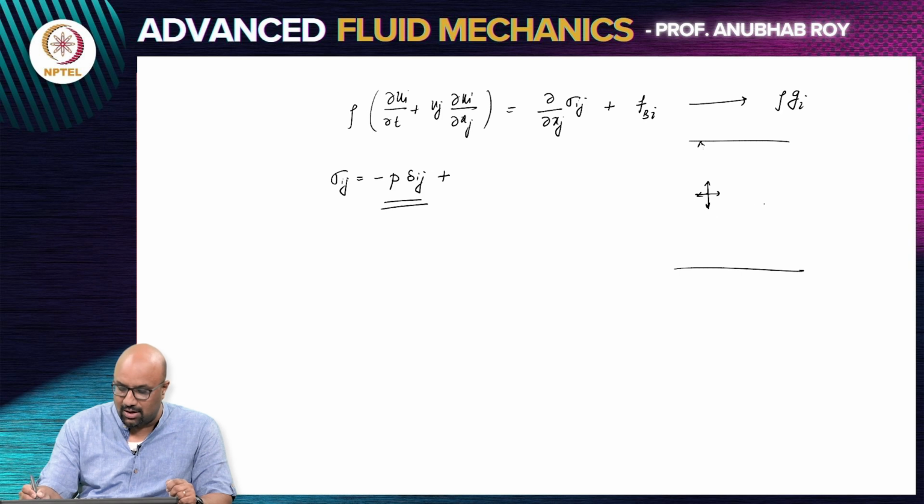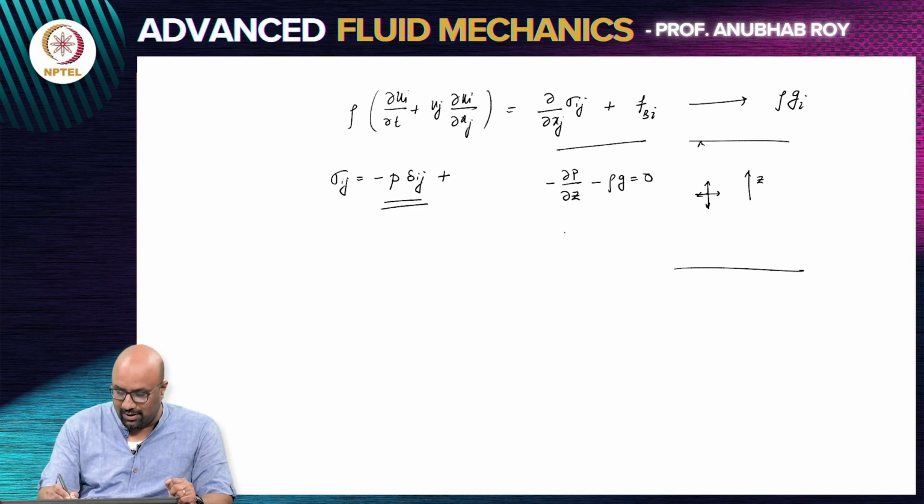So, in a hydrostatic configuration, the balance would be between the pressure forces and the body force. If I define this as my z direction, I would have an equation which would be minus dou p dou z, which is the pressure gradient in the vertical direction, balanced by minus rho g.